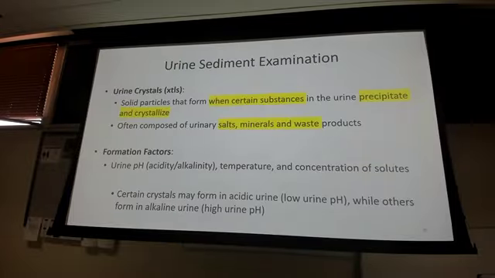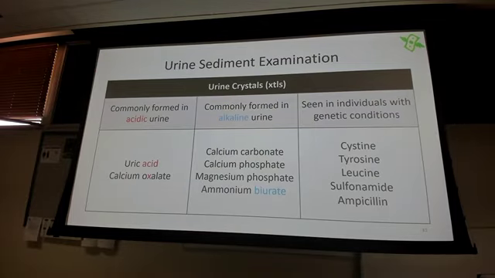Okay, urine crystals. Just know that there are some crystals that form in the urine. Some can form in acid urine, some form in alkaline urine, and we're going to go into that a little bit more. Anytime you see that little dollar sign with wings, from Major Guzman, just know that that's very important, okay? Very important slide.